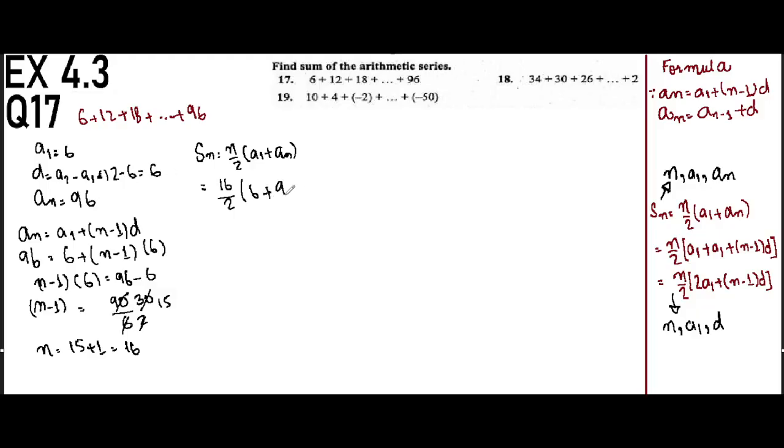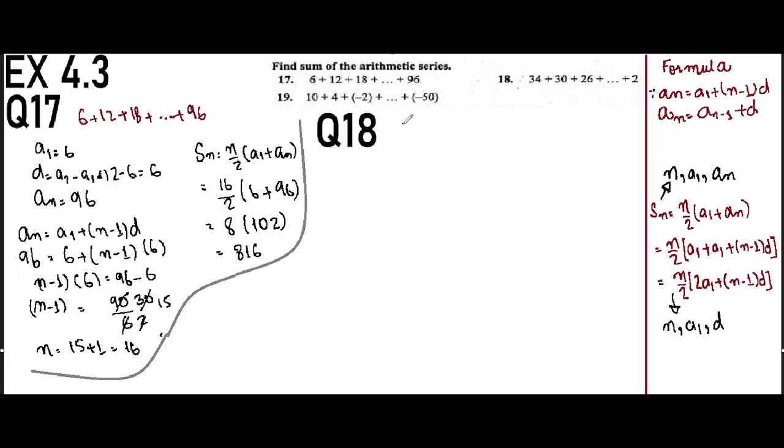So 6 plus 96, it is equals to 8 into 6 plus 96 gives us 102. And 8 into 102 gives us 816. Okay. We are done with question number 17.